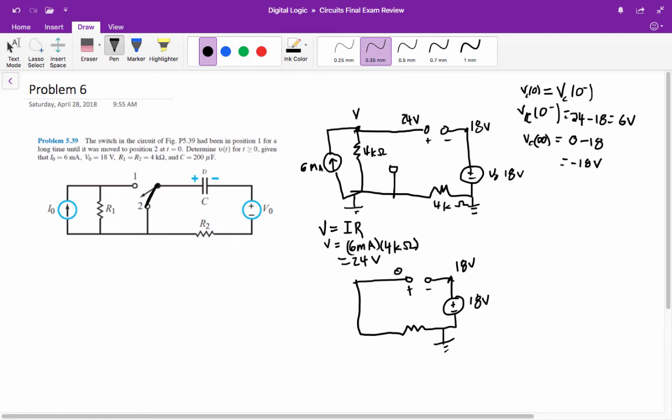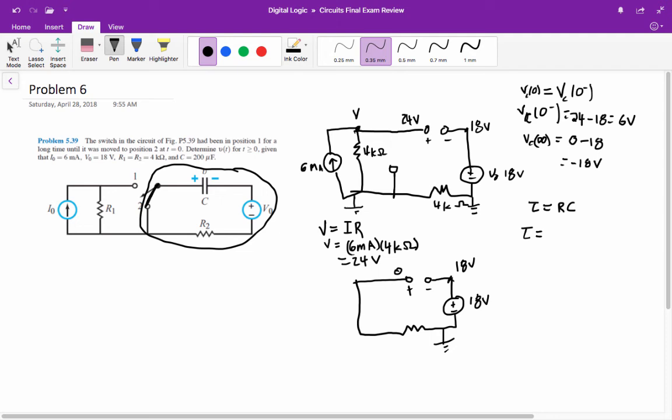Okay, so the last thing we need to find out is our time constant. The time constant for an RC circuit is RC. We're looking at this circuit here after we've thrown the switch.